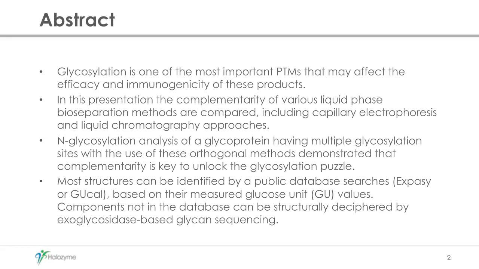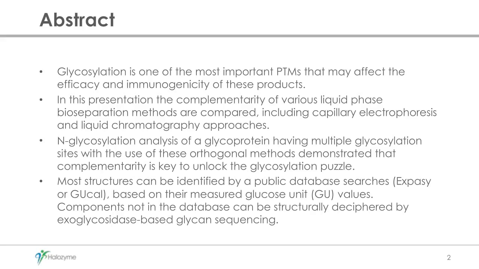Now, jumping into the presentation, as we all know, glycosylation is one of the most important post-translational modifications that may affect the efficacy and immunogenicity of the biotherapeutics, influencing the ADCC and the CDC, and sialylated species can influence inflammation. In this presentation, the complementarity of various liquid phase bioseparation methods are compared, including CE and some HPLC approaches.